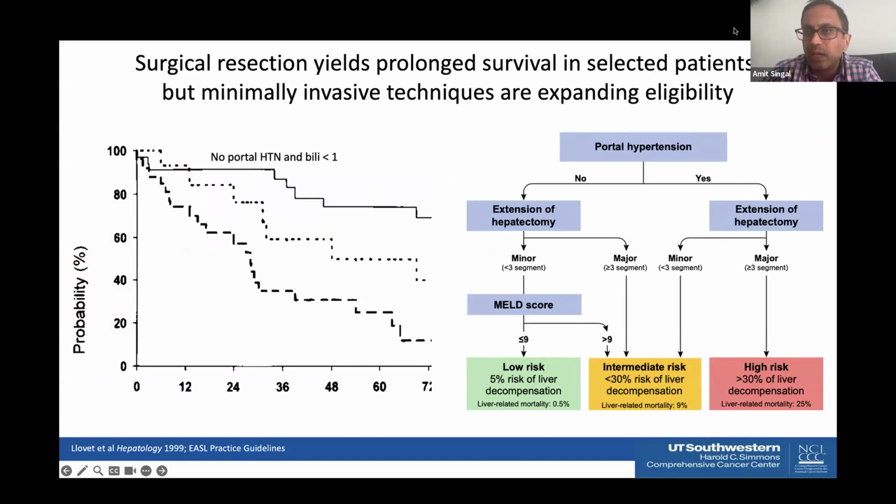And we've seen an expansion of who is surgically resectable. As we've had increasing use of minimally invasive techniques, including robotic techniques, I think more and more centers feel comfortable pushing this envelope of where they draw the line for portal hypertension. And so it's nice because, in many centers, we've seen more patients now going towards surgical resection, particularly those that can be done in a minimally invasive manner.